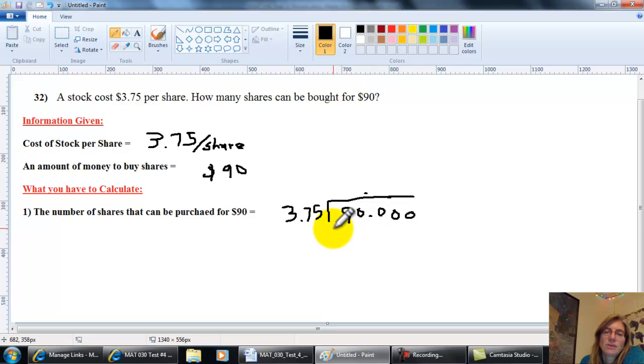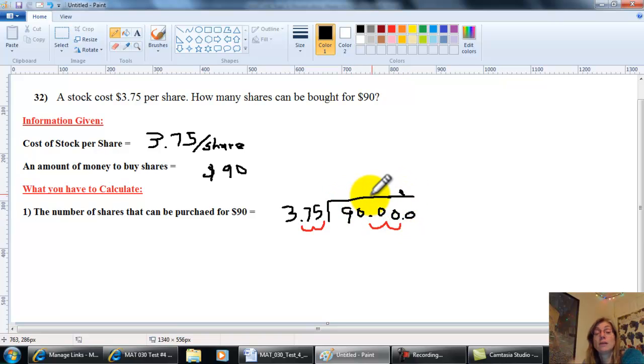I already added some zeros because we are going to have to move the decimal over. So we're moving that one over 2 places, so we have to move this one over 2 places. Once we do that, that's where we put our decimal, is over those 2 places. So it goes here and then here.